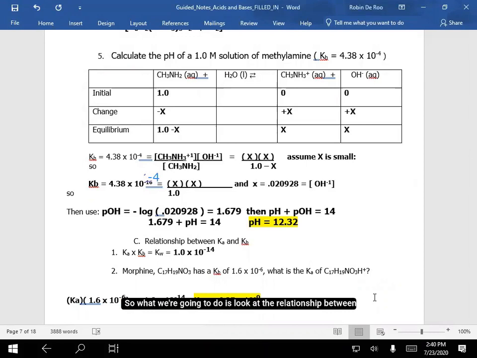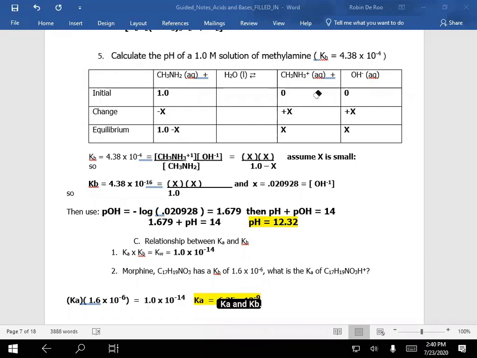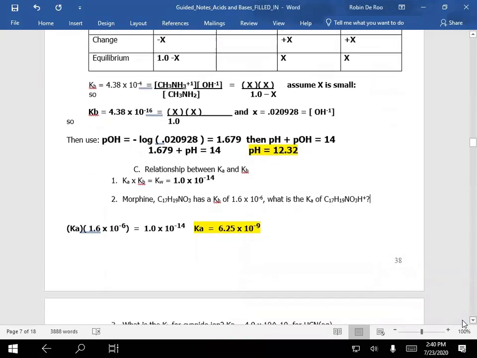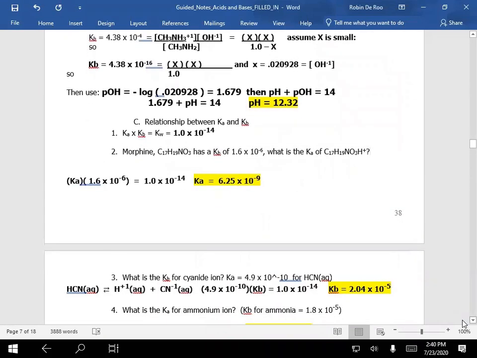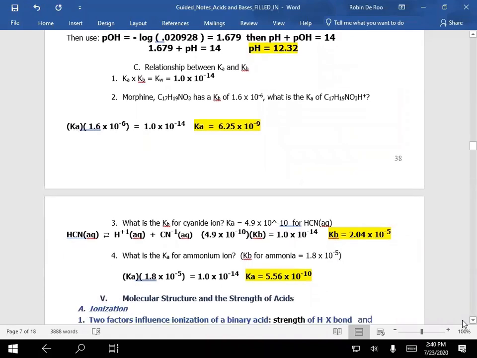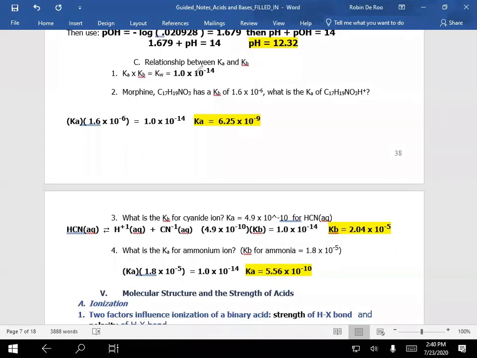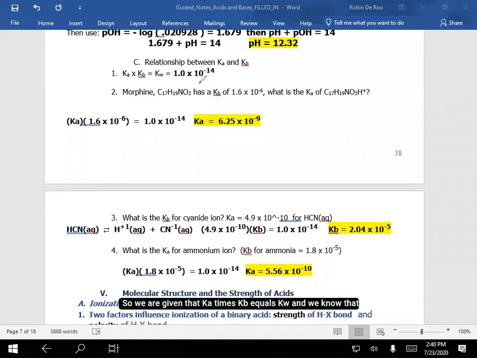Okay, so what we're going to do is look at the relationship between Ka and Kb. So we are given that Ka times Kb equals Kw.